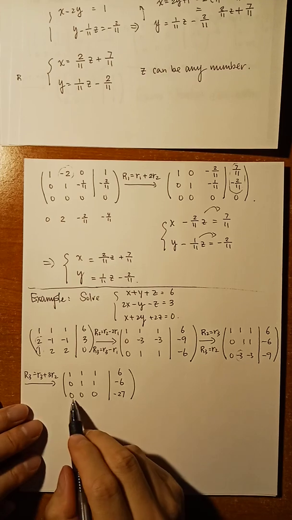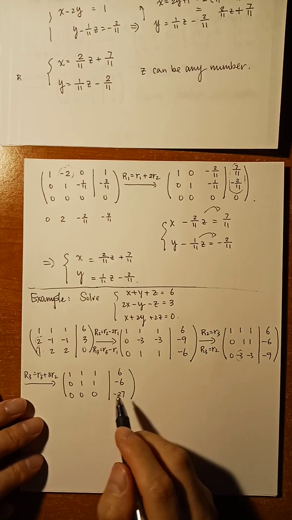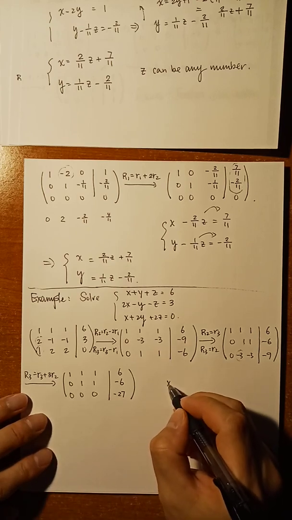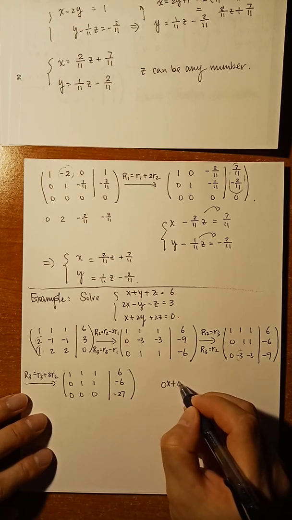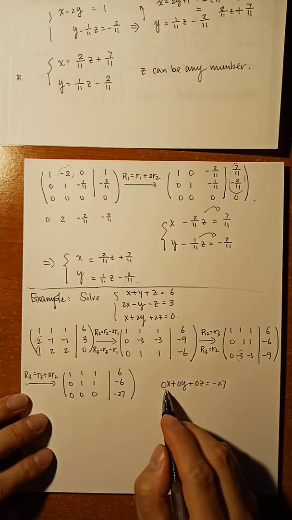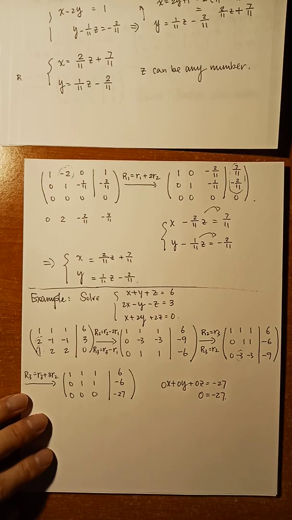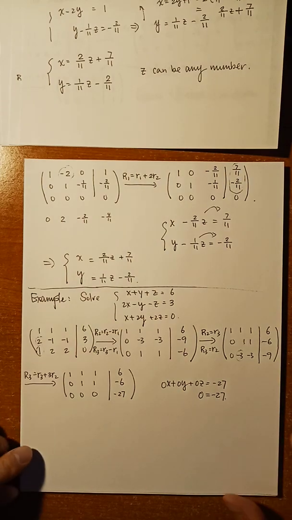The problem for this one is that on the left side, all the entries are 0, but here's negative 27. The last row means 0 times x, 0 times y, 0 times z is negative 27. But we know 0x, 0y, 0z, they are just 0. 0 equal to negative 27, which is impossible, right?